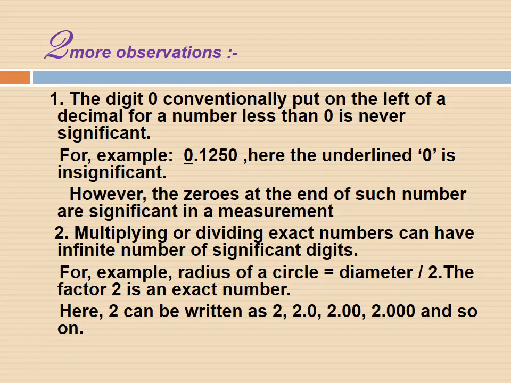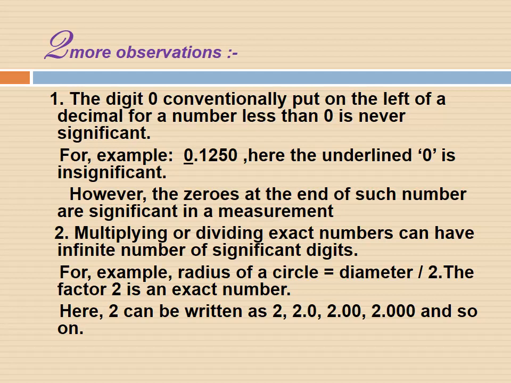Observation two: multiplying or dividing by exact numbers can give an infinite number of significant digits. For example, consider a problem to find the radius of a circle. Radius is equal to diameter divided by 2.